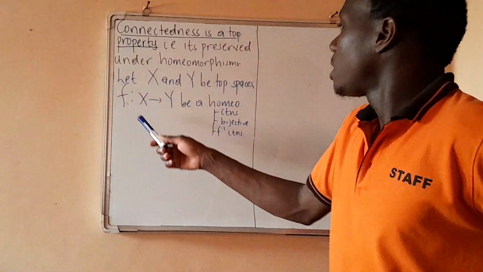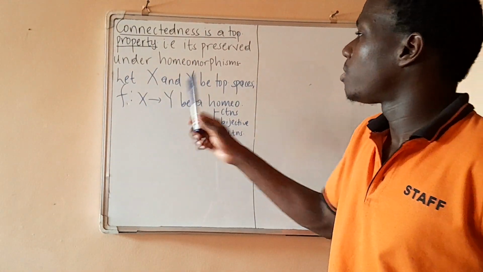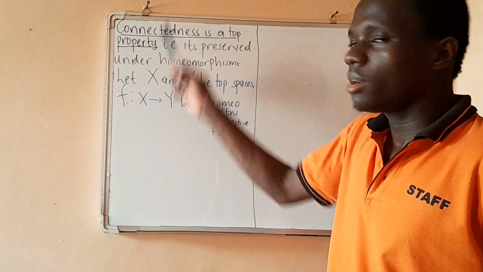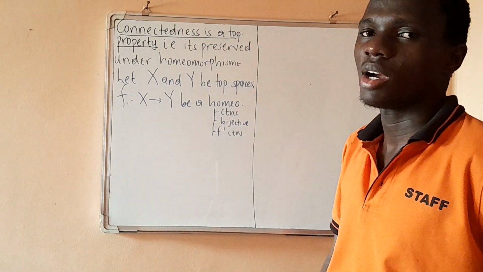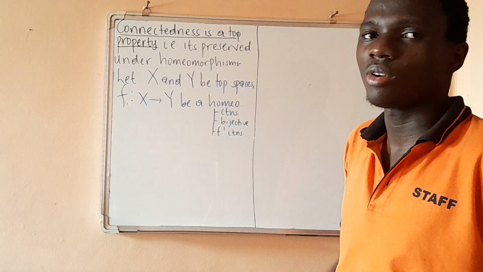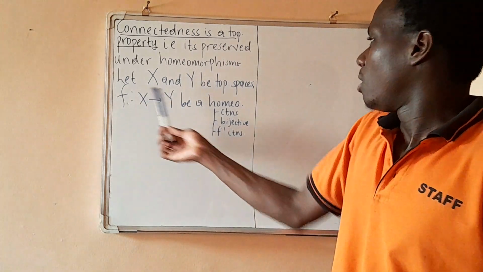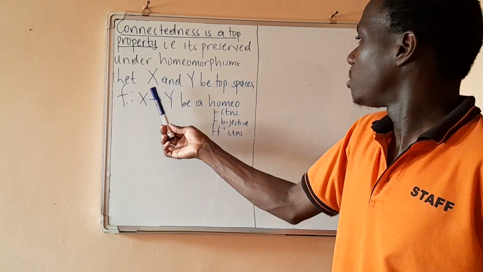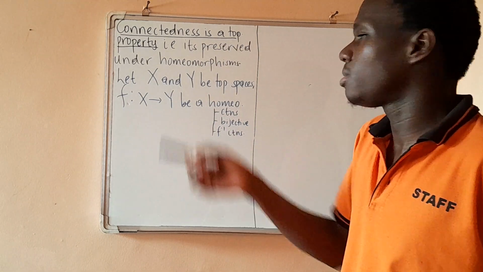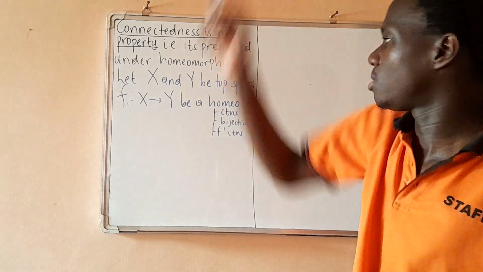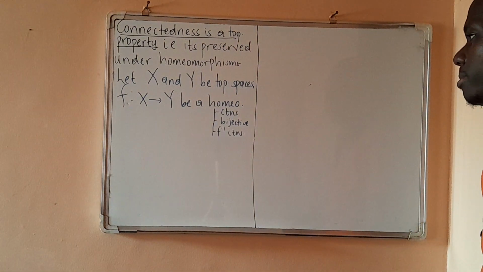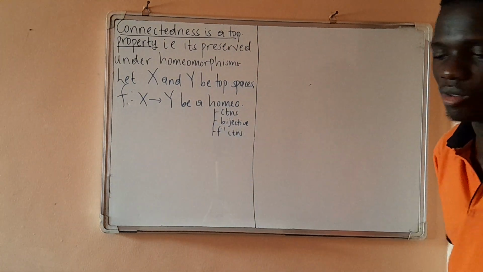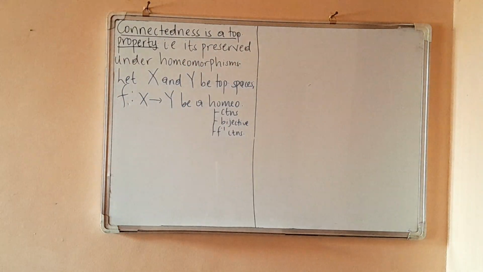So you can suppose that X is connected, then prove that Y is connected, using the similar argument as in the previous video, since a homeomorphism is a continuous function.